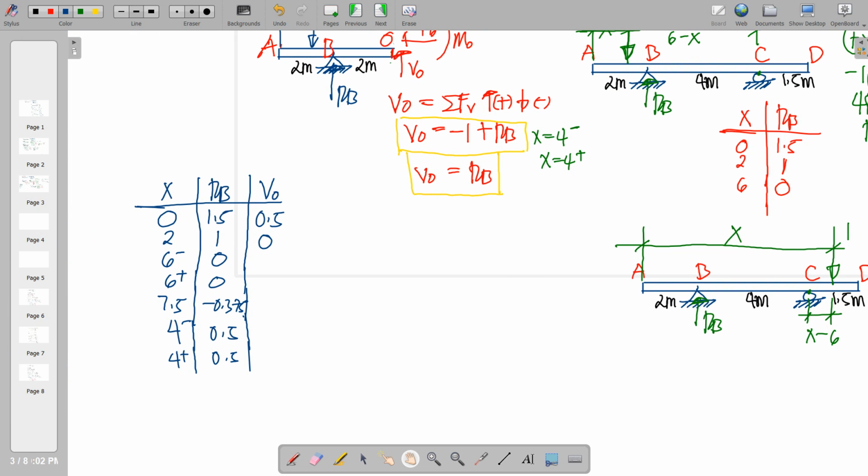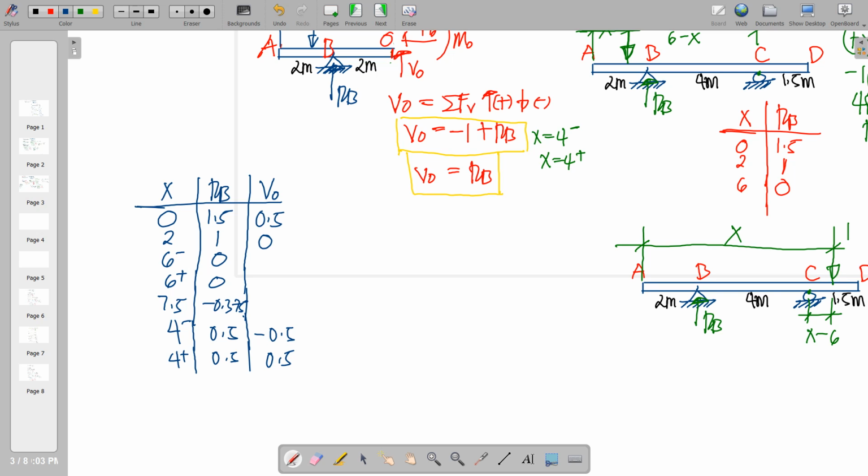So the value will just vary on the value of your shear at O. If we substitute that for 4 minus, we use this equation: negative 1 plus 0.5, that is negative 0.5. For x equal to 4 plus, your RB will just be equal to VO, and that is positive 0.5. So just copy this one.